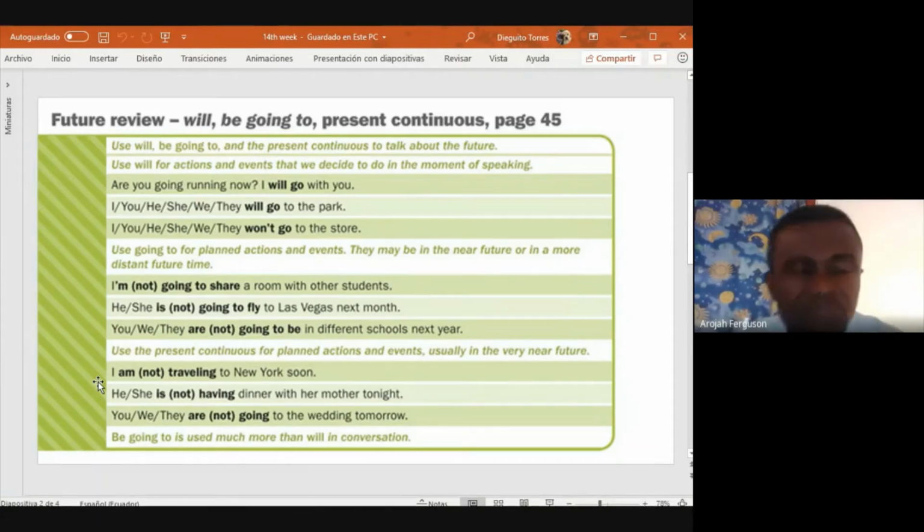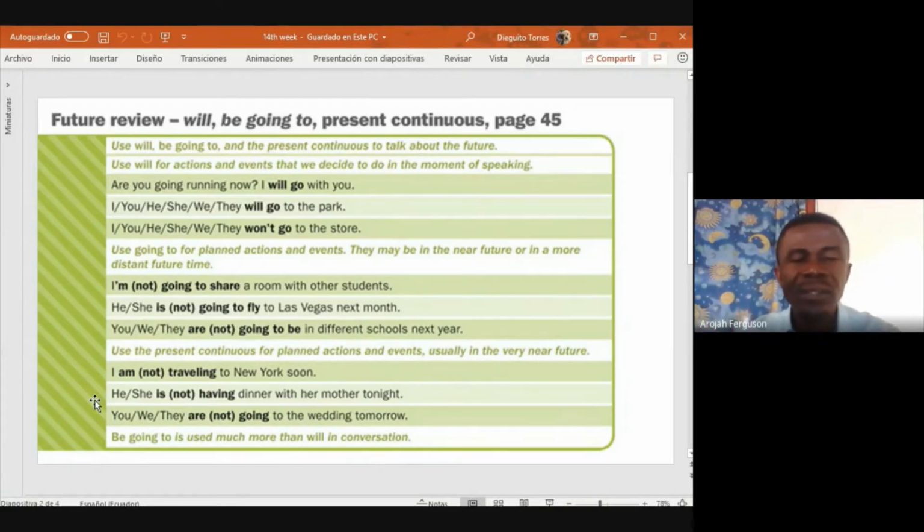Good. Then the next one, we use the same pronouns or subjects, he, she. He is not having dinner with her mother tonight. She is not having dinner with her mother tonight. Then you or we or they, those are the plurals because they use are. So you are not going to the wedding tomorrow.